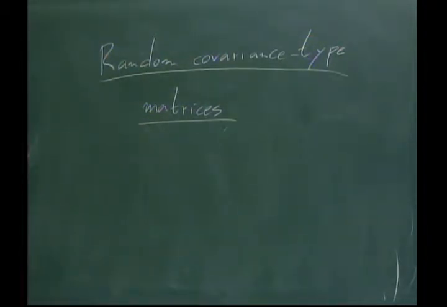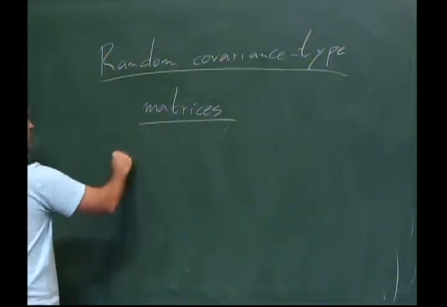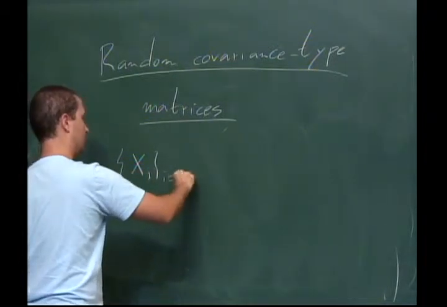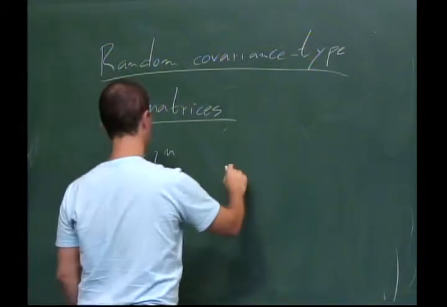And what we have is this. In order to define such a matrix, we first need a bunch of random vectors. So I'm going to write these here.